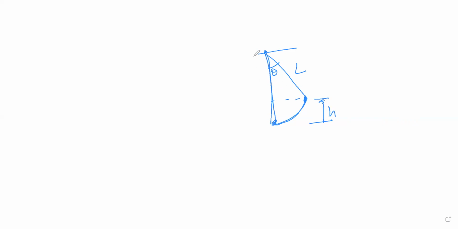So the whole distance will be L. So we can find this distance, right? This is L. So if we project this, meaning if we want to find the horizontal component, right?